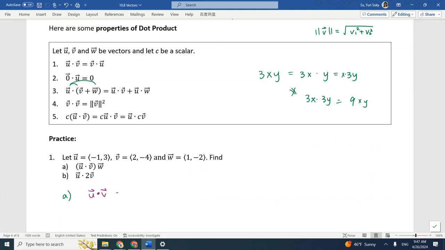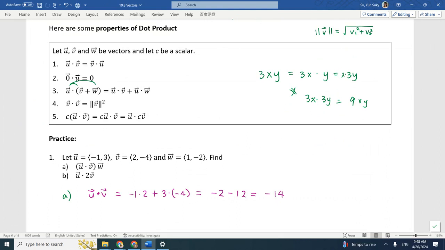So what is u dot v? -1 times 2 plus... We multiply components respectively and then add them. -1 times 2 is -2. 3 times -4 is... so our answer is... exactly. This is the dot product. Everybody get this step, right?